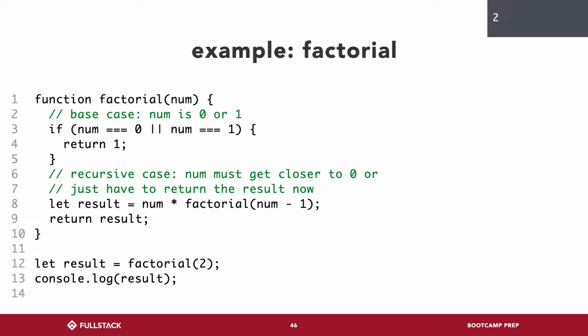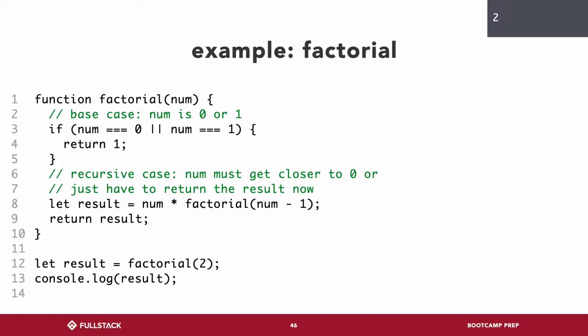So when you pass in 2, this if statement does not run. You guys are well aware of this by now. Then we're saying, hey, result will be equal to num 2 times factorial of 2 minus 1, 2 times factorial of 1. Factorial of 1 then runs. If num is equal to 0 or it's equal to 1, true, return 1.